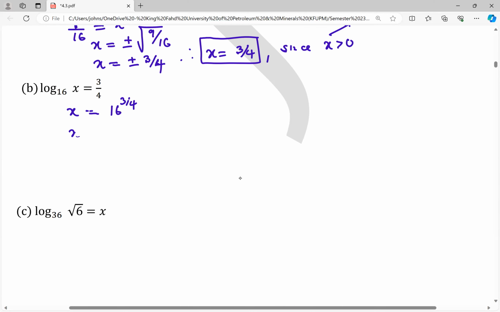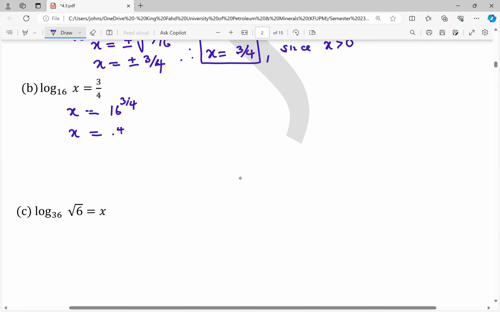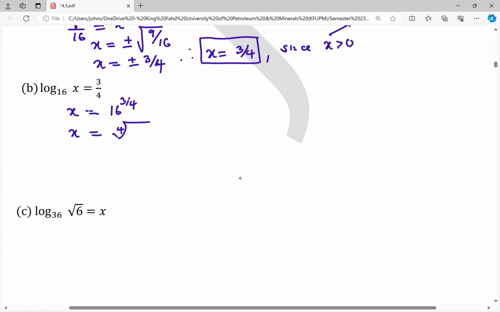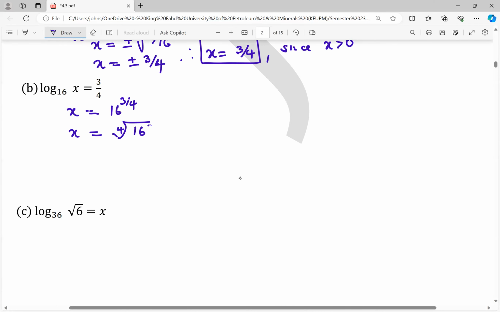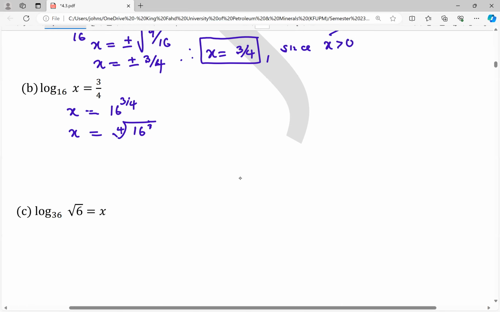Now it means your x is equal to 16, this is like saying the fourth root of 16, all to power 3. We can make it that way.